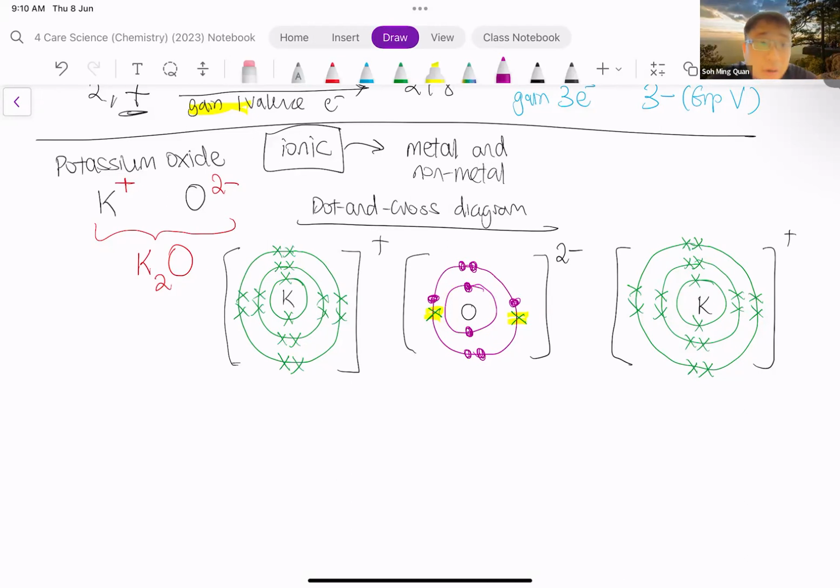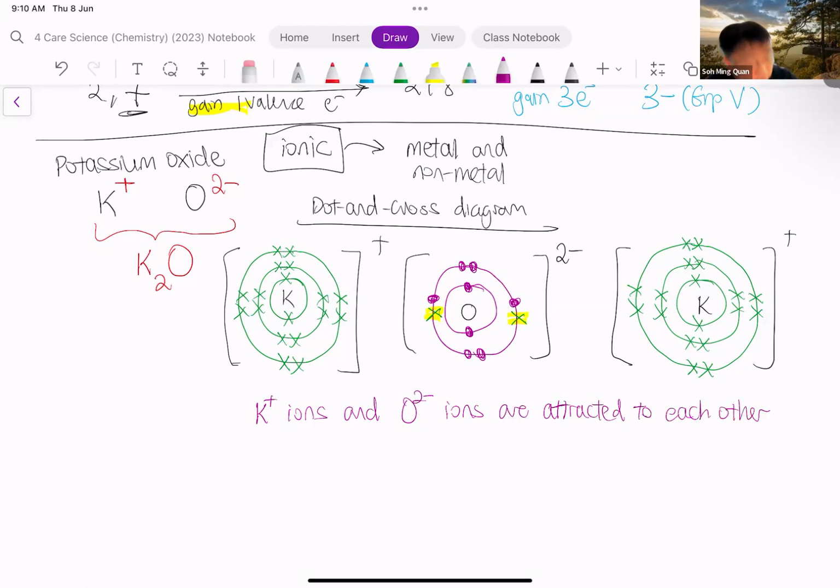Now, this is a typical ionic compound, potassium oxide. So why is it that the ions are attracted to each other? They must be attracted to each other. If not, how will they bond together? Bonding together means that they are attracted to each other. So the K+ ions and the O2- ions are attracted to each other.